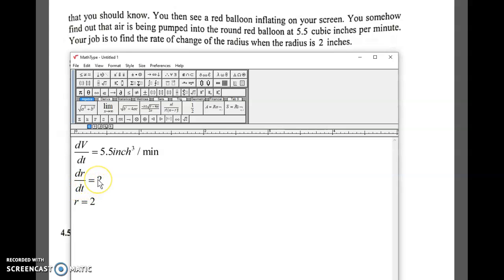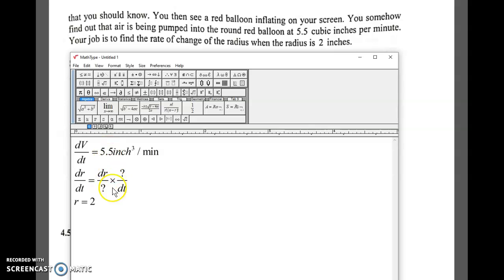As we have done before, if we are using the idea of chain rule, we know that we will be able to get dr over dt if we multiply dr over something, times something over dt.